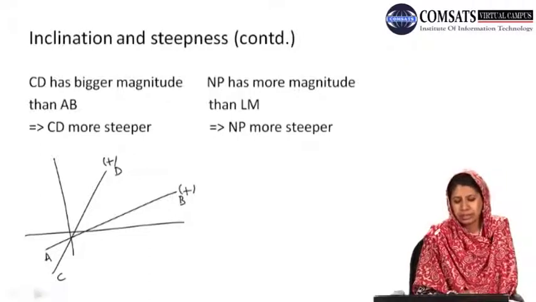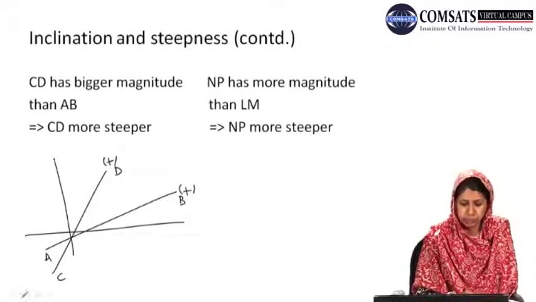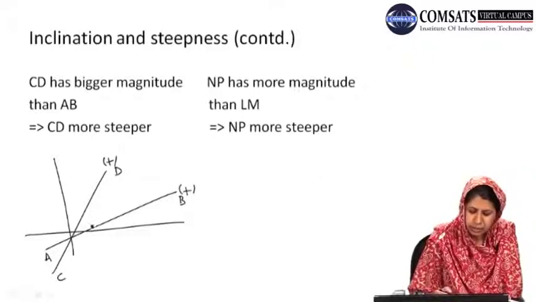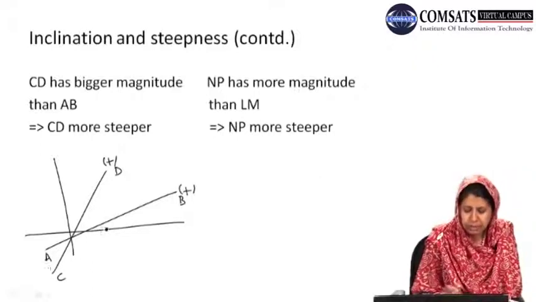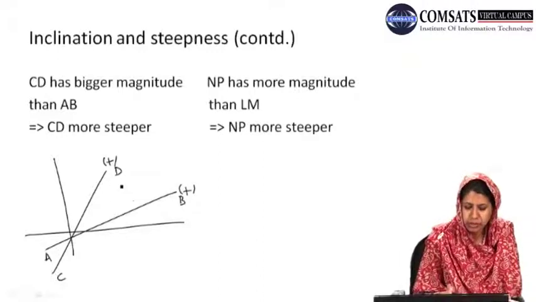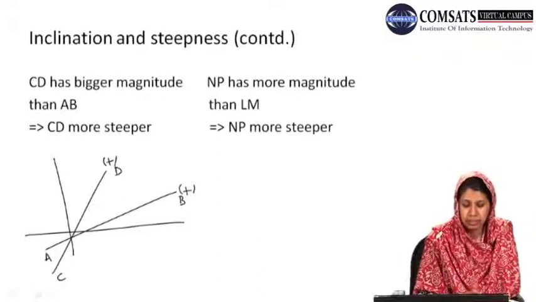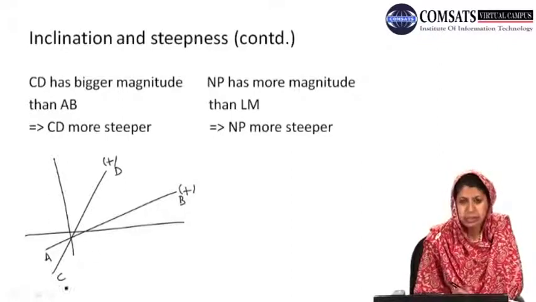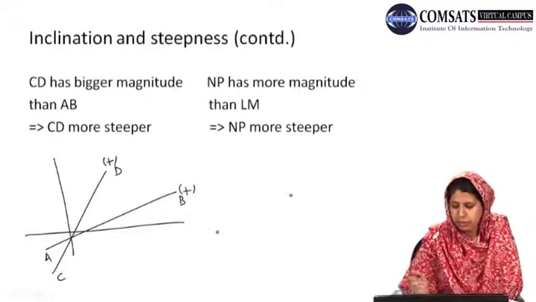Now we have two lines AB and CD, both have positive slope, and we have seen that the line CD is steeper, or more inclined, than the line AB, which means that the magnitude of the line CD is bigger than AB. So the slope of line CD is greater than that of line AB.